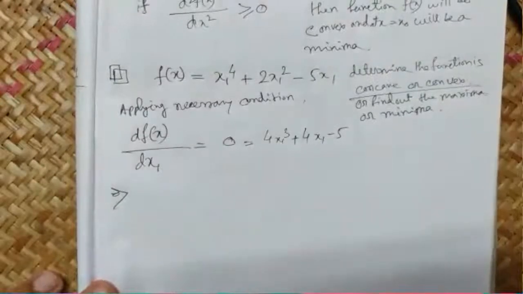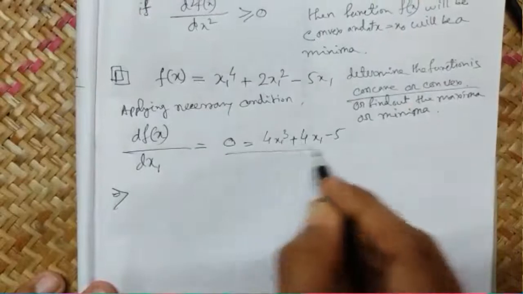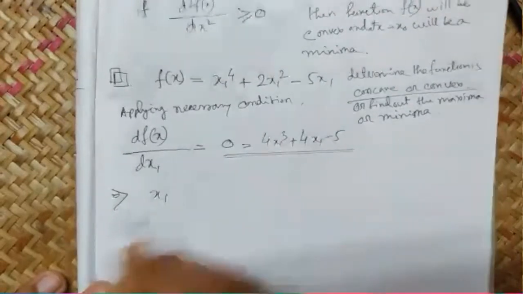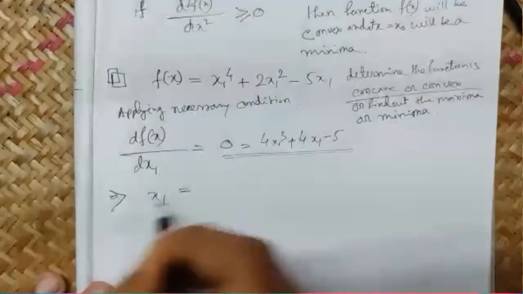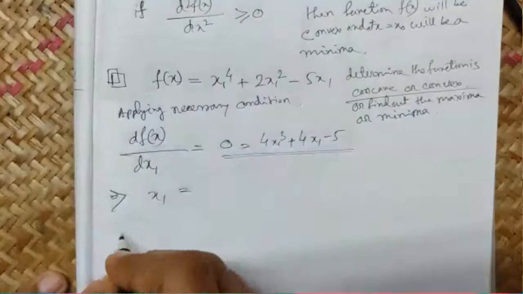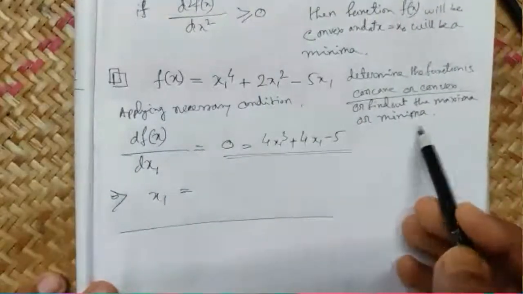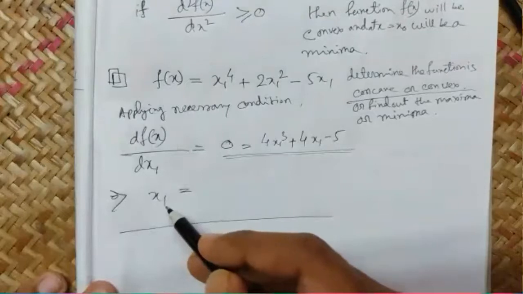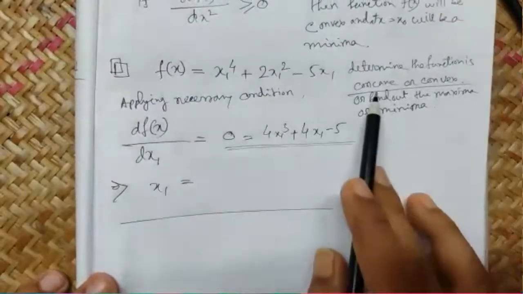So from this equation we can find out x1. So we can get a value of x1 here. Right now this is not required, but if we want to find out maxima or minima, then we need the x1. So let us first find out whether this is concave or convex.